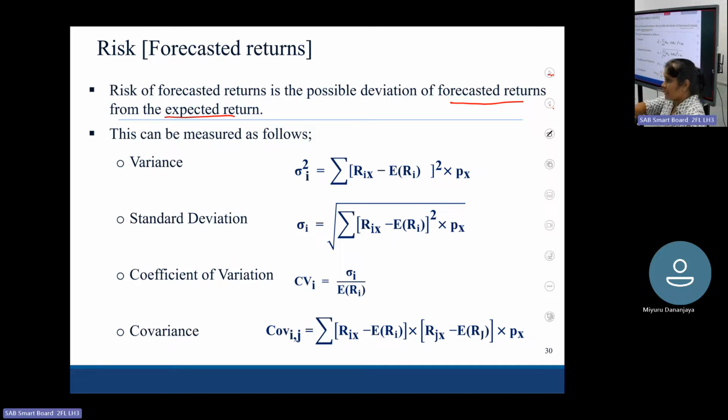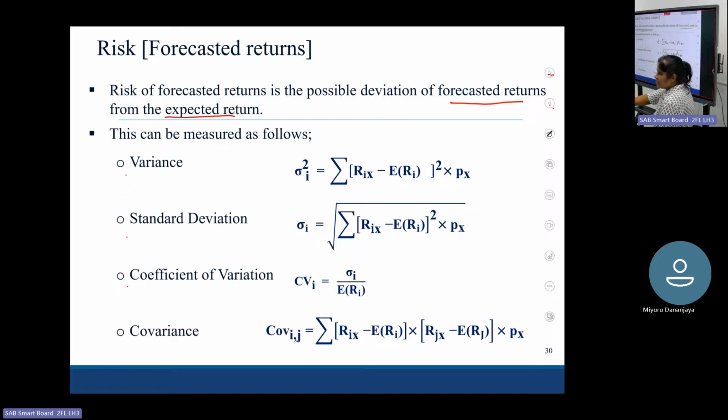So likewise, again variation, deviation, variability of the forecasted return. That variability you can calculate using variance, standard deviation, coefficient of variation, and also covariance. So let's discuss this later. Again, same formula, but that's the difference.